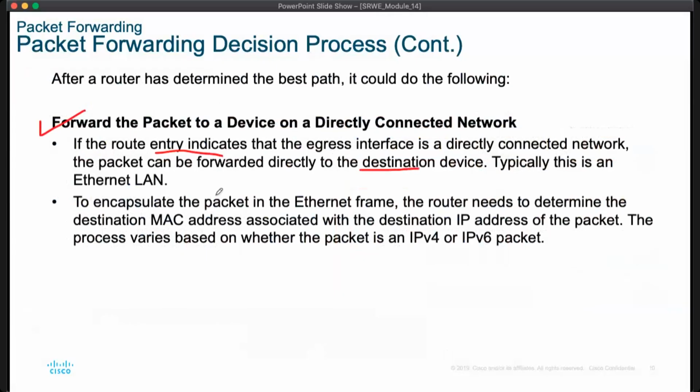Typically, this is an Ethernet LAN. To encapsulate the packet in the Ethernet frame, the router needs to determine the destination MAC address associated with the destination IP address of the packet. The process varies based on whether the packet is an IPv4 or IPv6 packet.